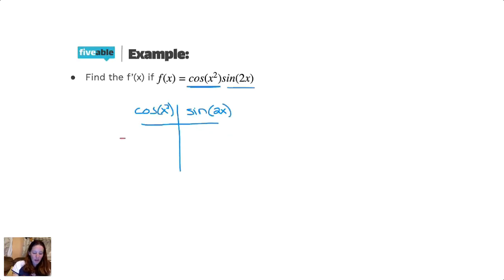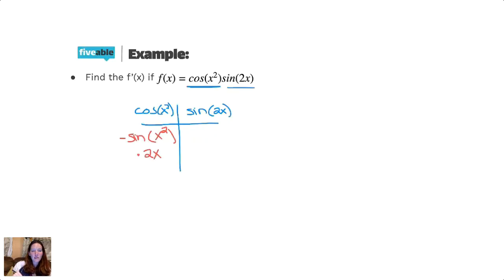The derivative of the outside is negative sine something. And then we're going to copy the inside. So derivative of the outside, copy the inside, derivative of the inside. So that's the derivative of cosine x squared.